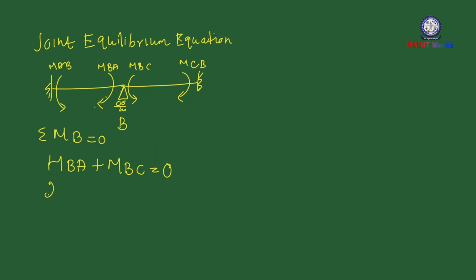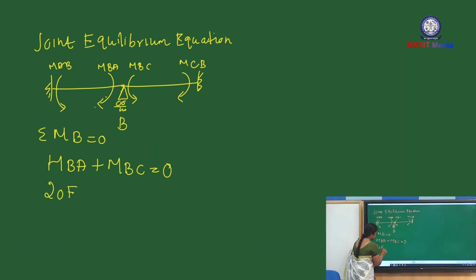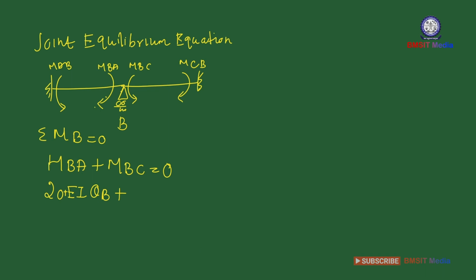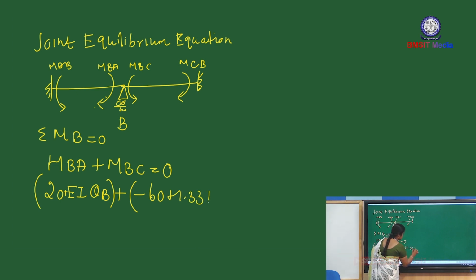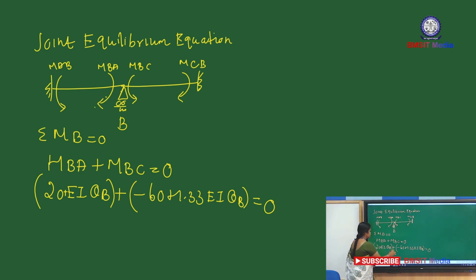MBA equals 20 plus EI theta B, plus MBC equals minus 60 plus 1.33 EI theta B, equal to 0.